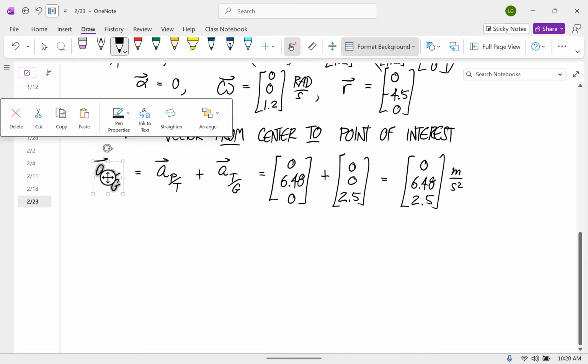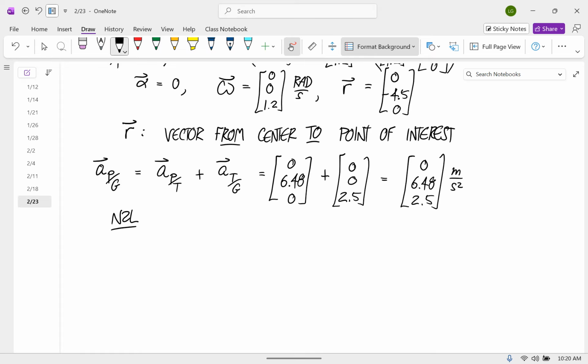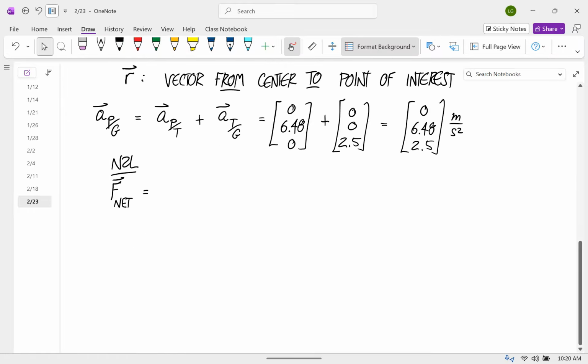And so now we can go to Newton's second law. We're just trying to calculate the net force, so all we have to do is multiply this by the mass. The net force is equal to the mass of the passenger, 50, times 0, 6.48, 2.5.